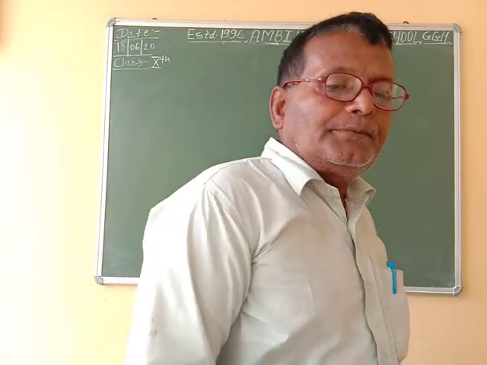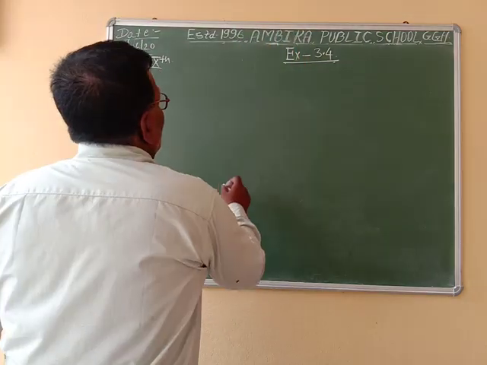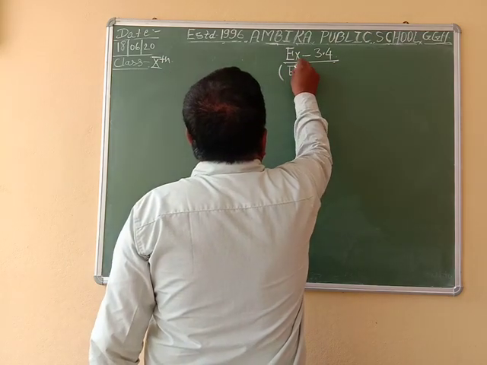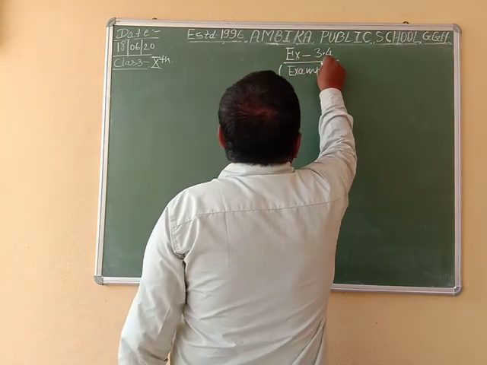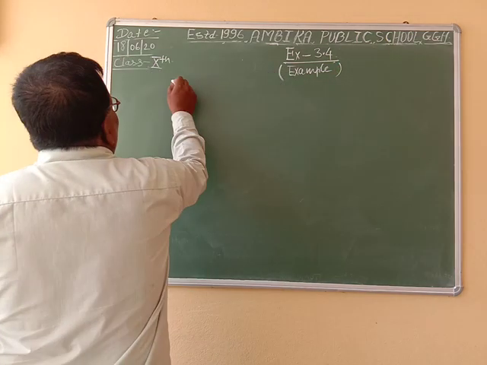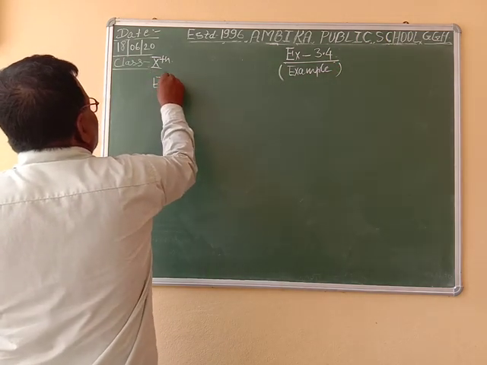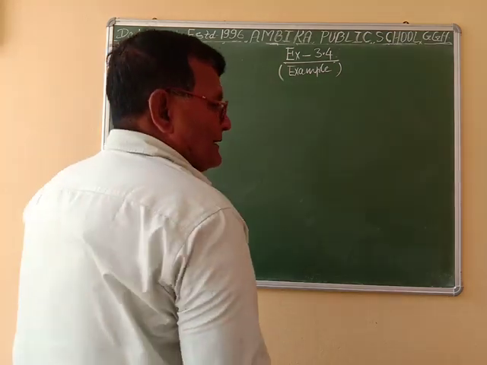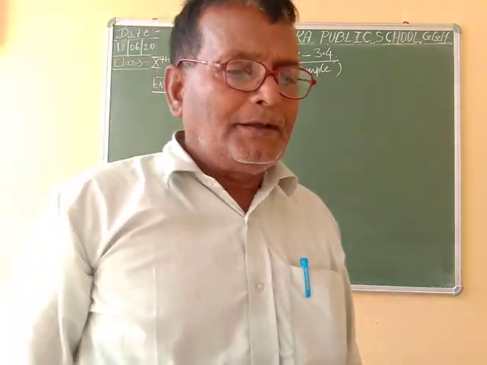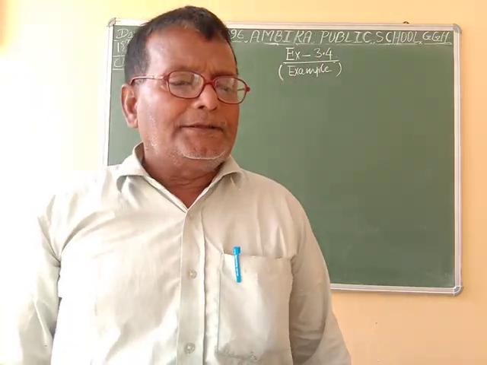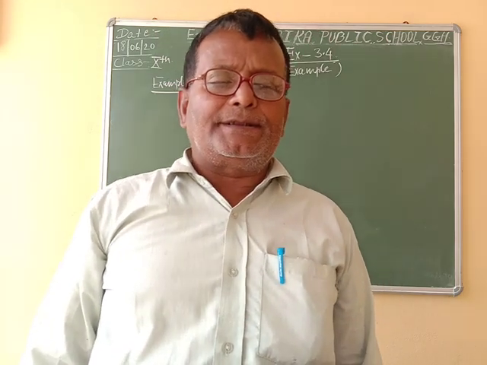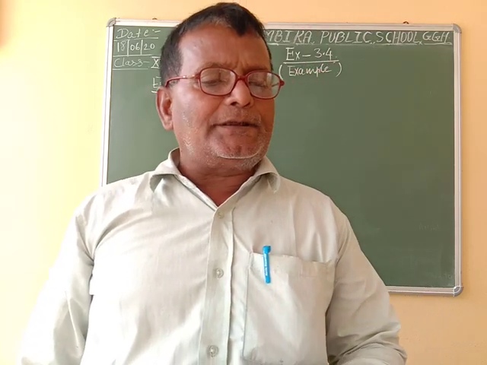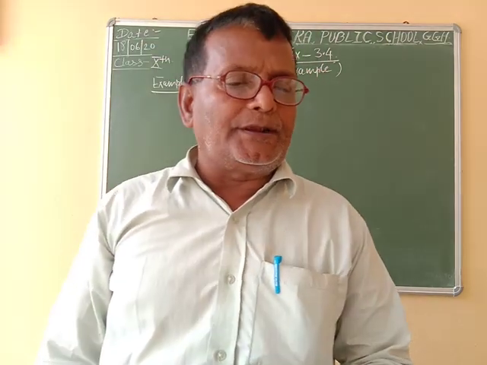The example 11 of this exercise. In example 11, the question is: the ratio of incomes of two persons is 9:7 and the ratio of their expenditures is 4:3.